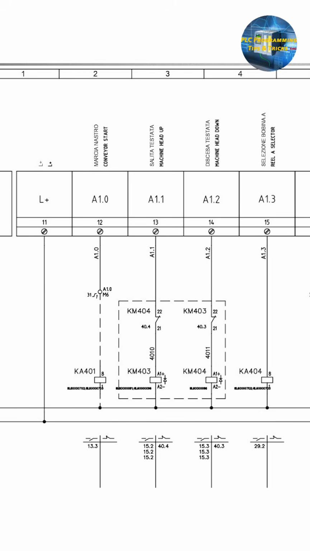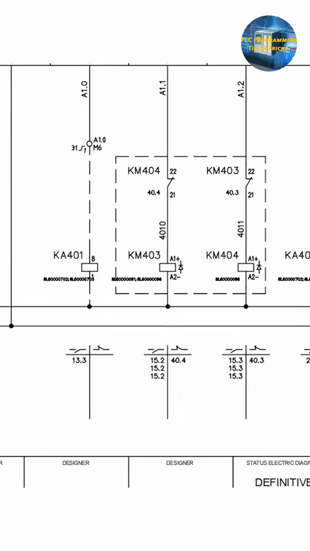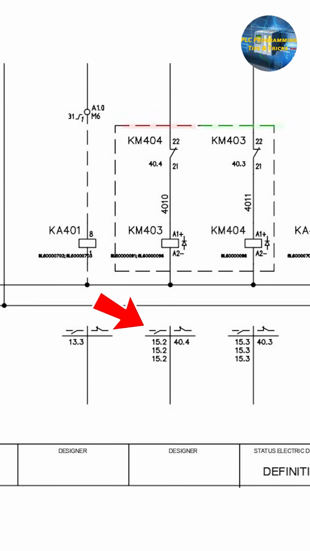This means that both contactors KM403 and KM404 are interlocked with each other and only one contactor can be turned on at once. As you can see, the NO and NC contact symbols along with the page number are mentioned under the coils of these contactors.